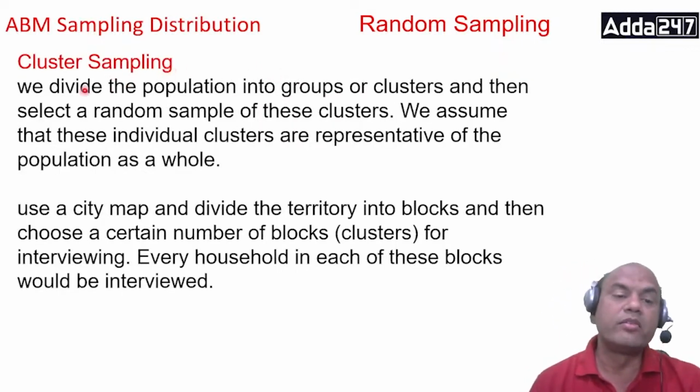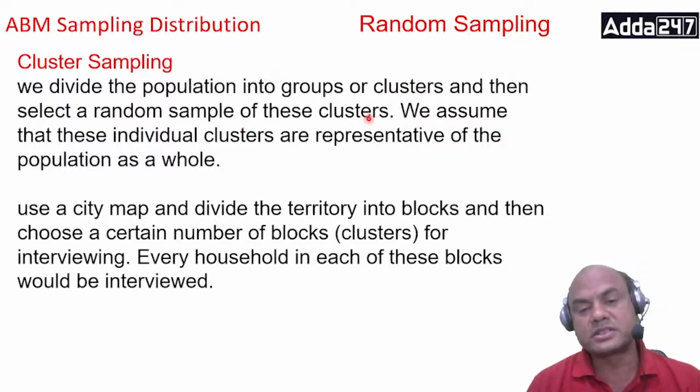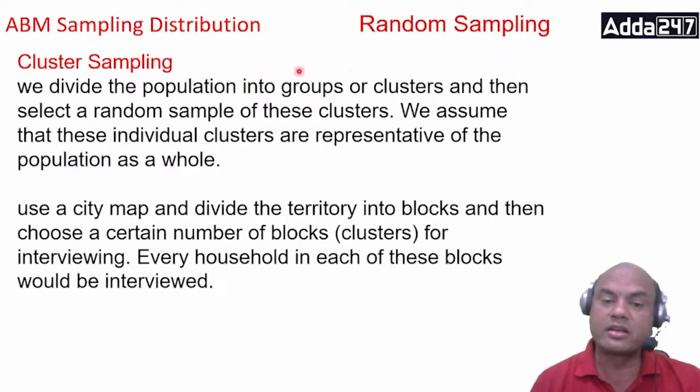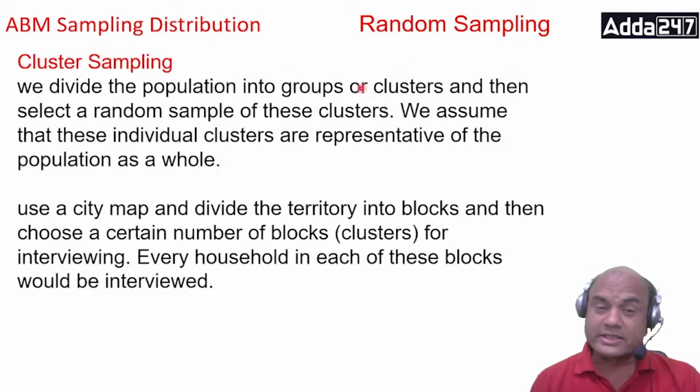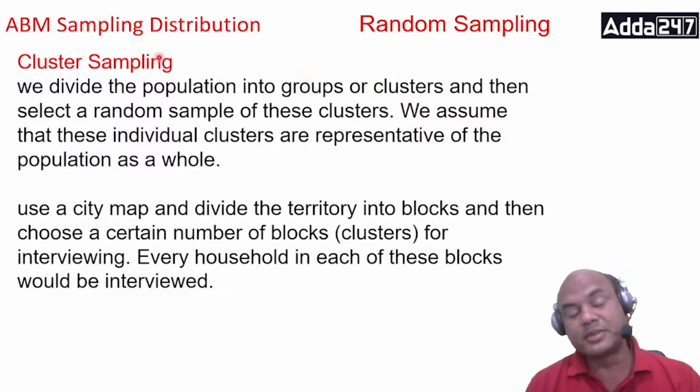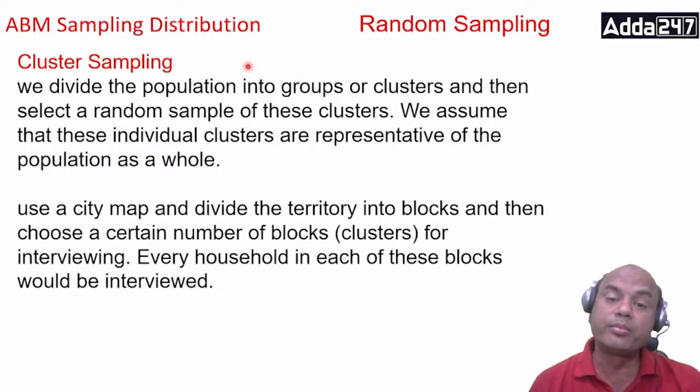Cluster sampling. We divide the population into groups or clusters and then select a random sample of these clusters. So first we'll divide them into these groups or clusters. It is similar to what I said earlier, regional geography based: Goa, MP, UP. We assume that these individual clusters are representative of the population as a whole. Now, how do we do this?